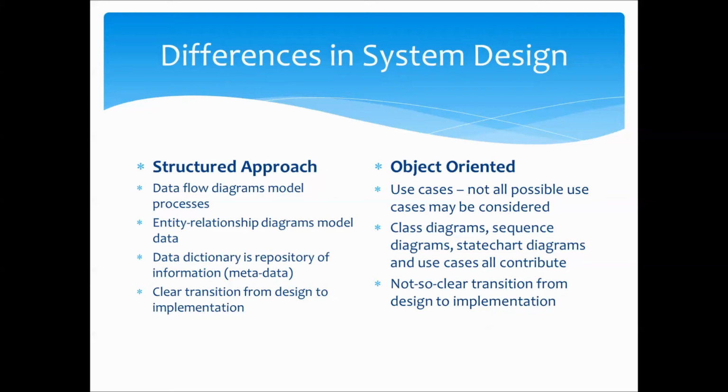In the case of structured design, the analyst will usually develop a data dictionary, which is a repository of information about data used in the system, which is called metadata, data about data. This dictionary is derived from information in the data flow diagram, such as the data stores and the data flows.